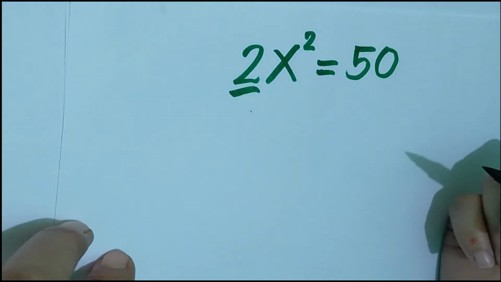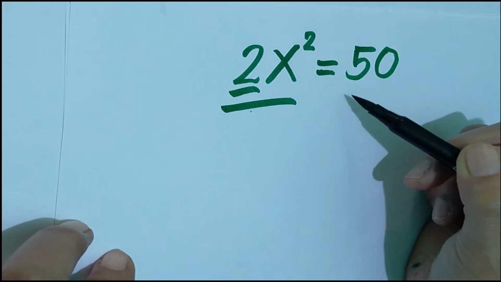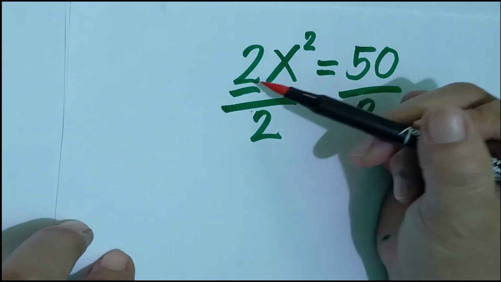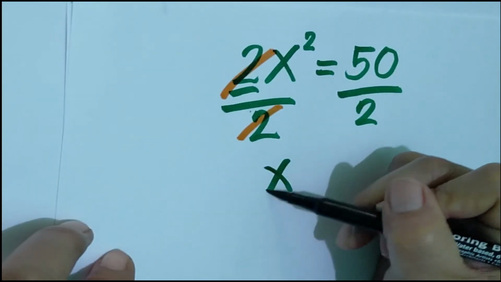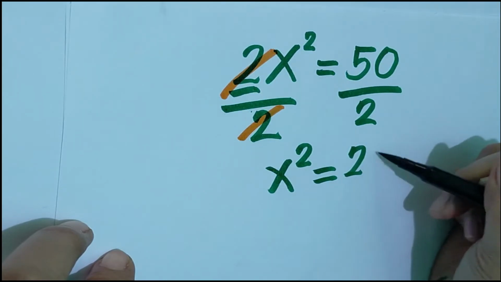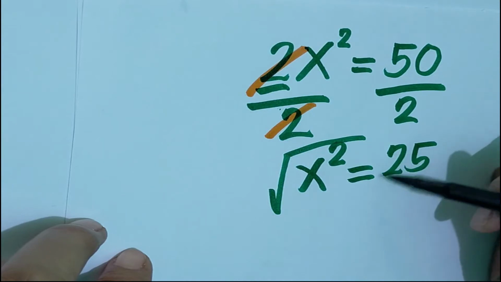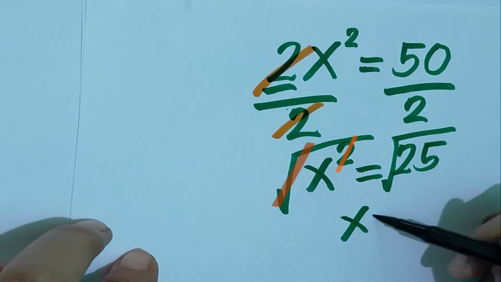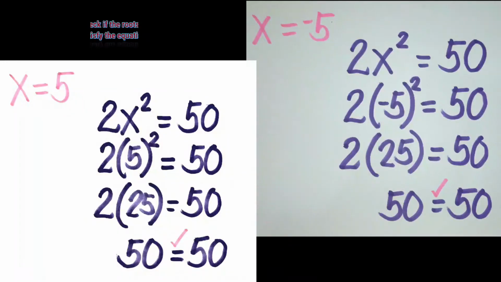That's right. You will divide both sides of the equation by 2. Thus, the resulting equation is x squared is equal to 25. Following the same steps from the first example, the answer is positive or negative 5.